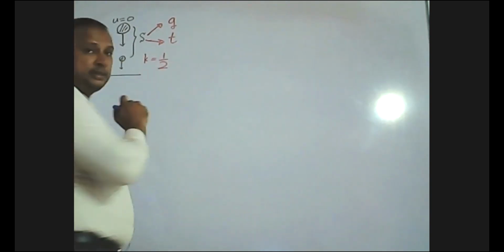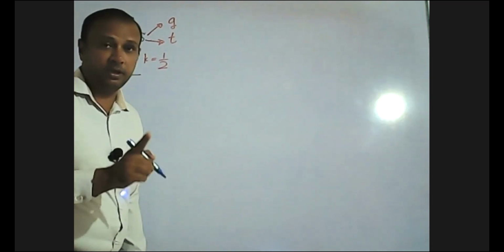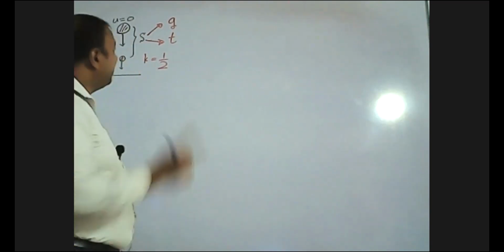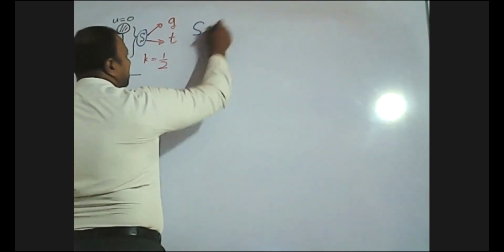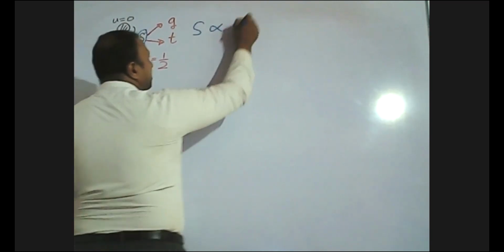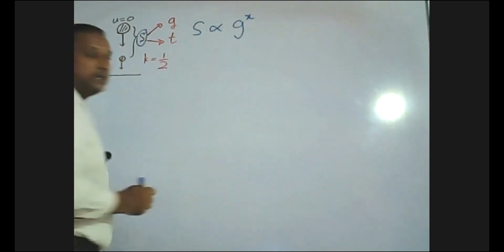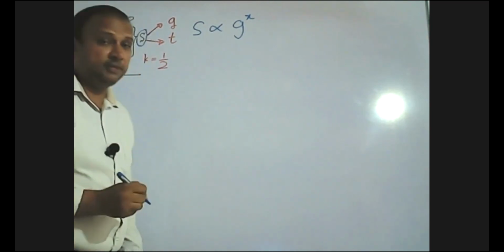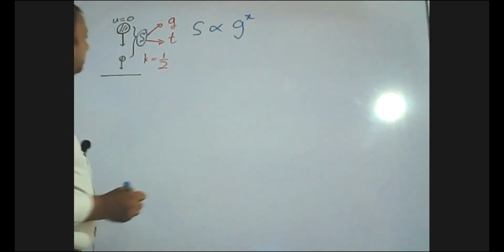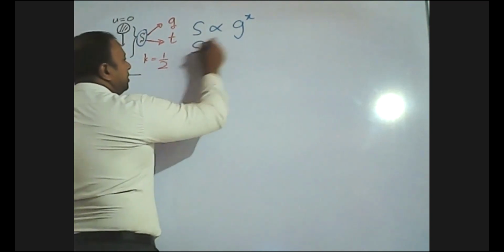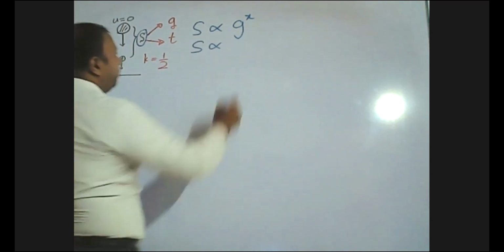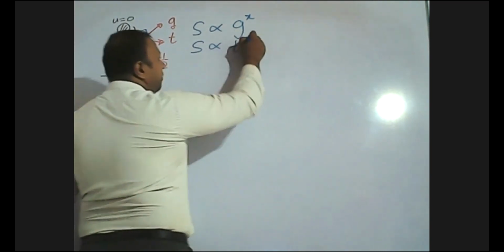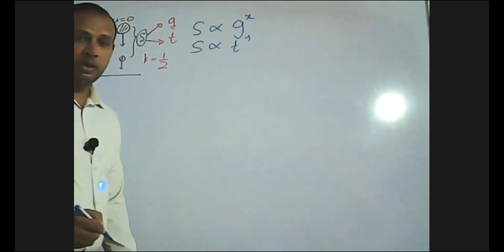The first step is assumption. I can assume the travel distance is directly proportional to some power of g. That is an assumption. Then again, I can assume the travel distance is directly proportional to some power of t.